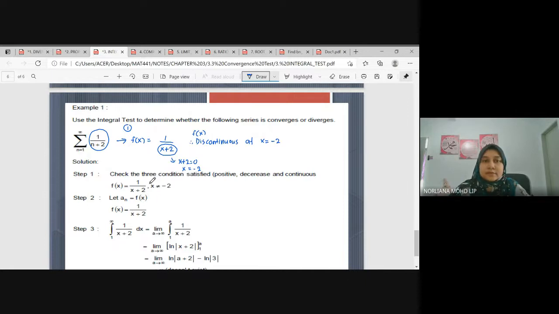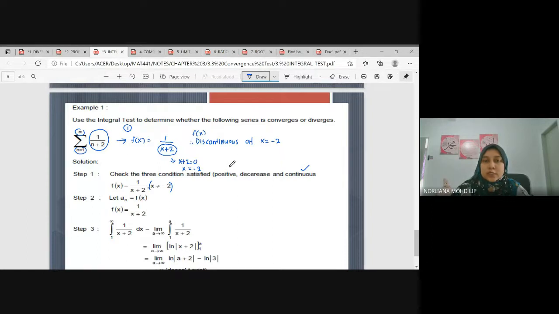X must not equal to negative 2 lah. Then kita check dia punya limit ni sampai mana. Dia ada tak negative 2? Tak ada kan? So ni tak ada negative 2, so dia continuous lah. Fx is discontinuous when x equal to negative 2. So yang ni tak ada kan? Tak termasuk negative 2. So it is continuous.